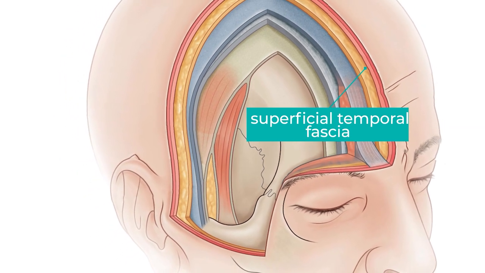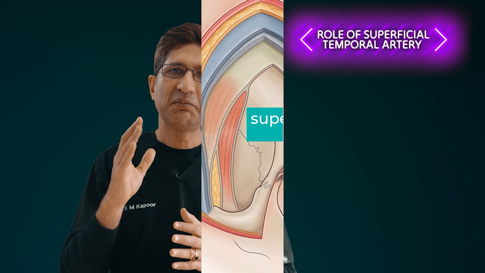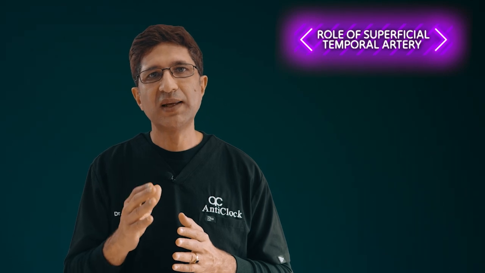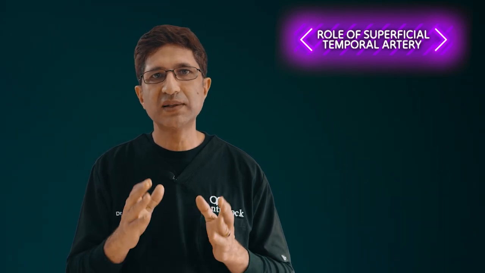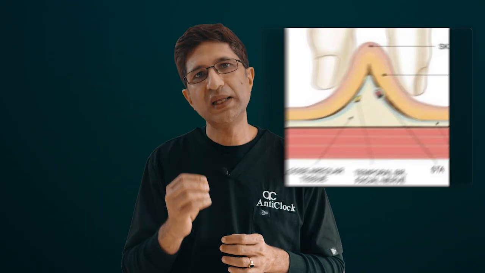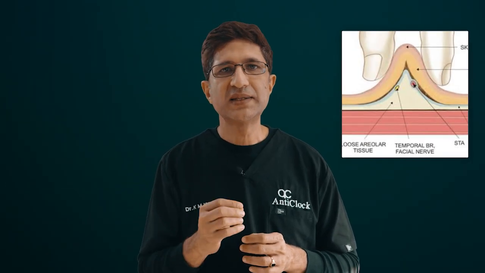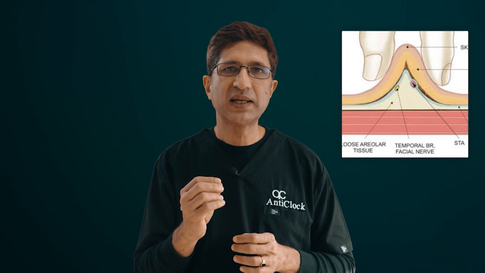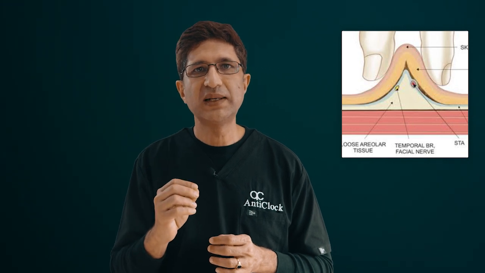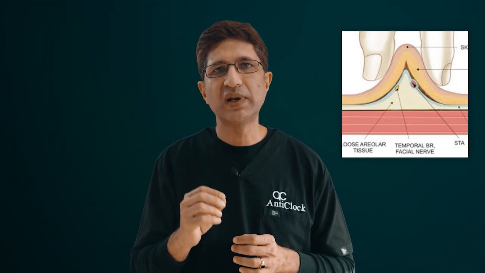And this is a relatively avascular space, thus minimizing the risk of injuring the superficial temporal artery and other critical structures. When performing a deep pinch in the temple, the key advantage is that it allows the superficial structures to be separated from the deeper layers. This increases the tissue space and creates an avascular plane that is ideal for safe filler placement.